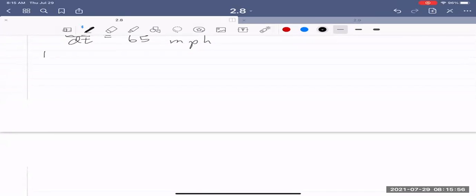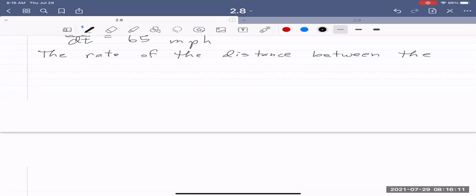So the rate of the distance between the two cars is 65 miles per hour after 2 hours.